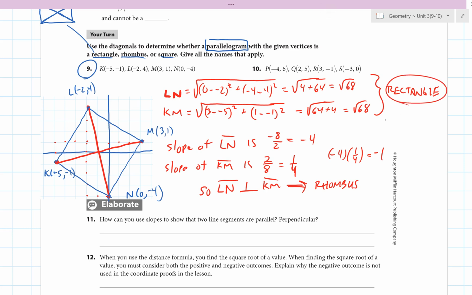So it's a rectangle and it's a rhombus. If a figure is a rectangle and a rhombus, that means it is a square. So this figure, KLMN, must be a square.